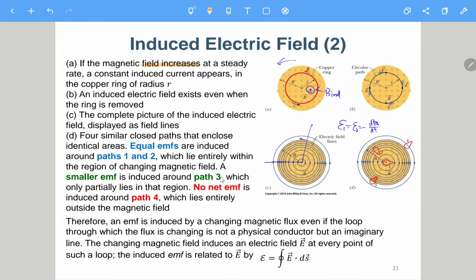So for path 3, a smaller EMF is induced, which only partially lies in the region. And for path 4, this is totally out of the B field, so no net EMF is induced around path 4, which lies entirely outside of the magnetic field.